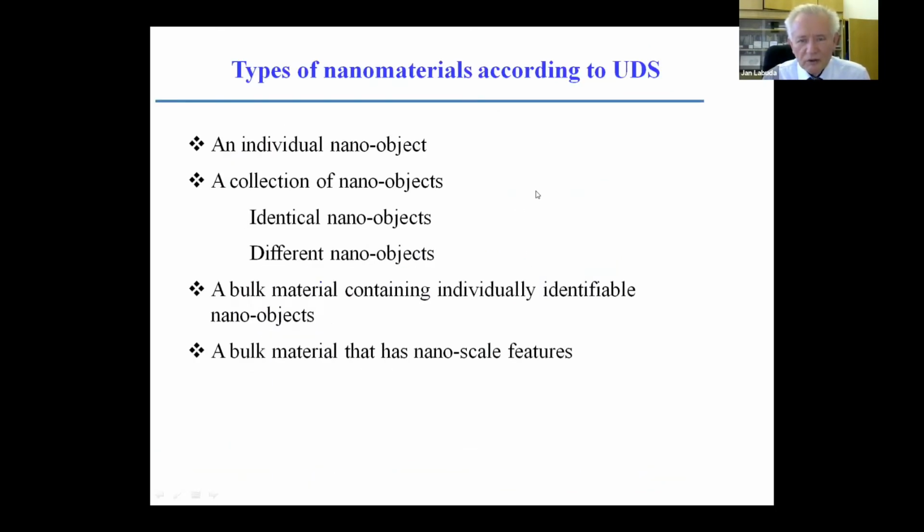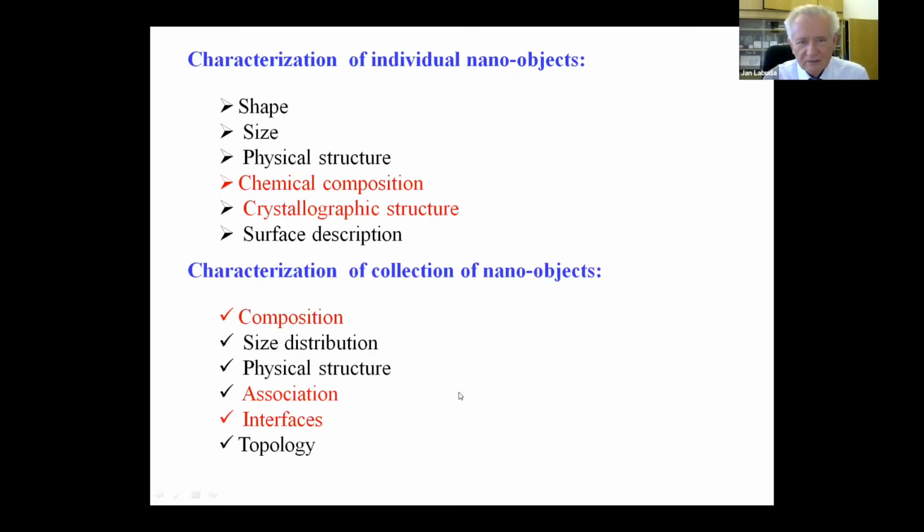From the point of view of distinguished nanomaterials, they are considered nano-objects as individual particles, collection of nano-objects, and then bulk materials. Bulk materials with identifiable nano-objects and bulk materials with features in the nanoscale.